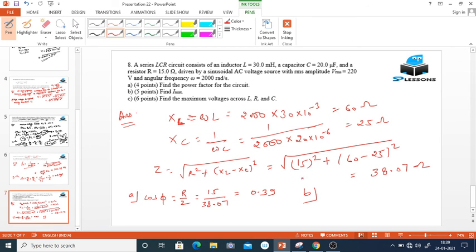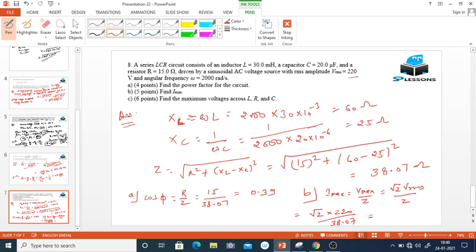So I maximum is equal to V maximum by Z, and V maximum we can write as root 2 times VRMS, divided by Z. You can write root 2 multiplied by VRMS, which is given as 220, divided by Z, which is 38.07.